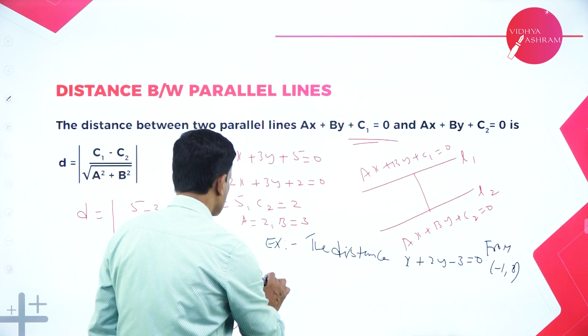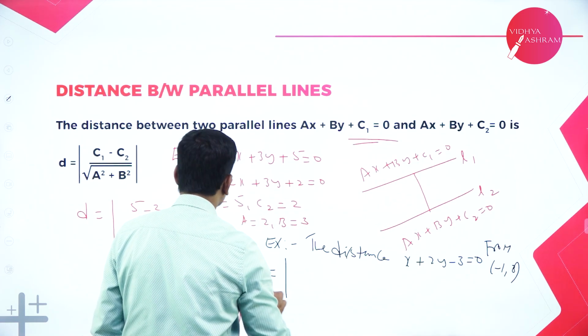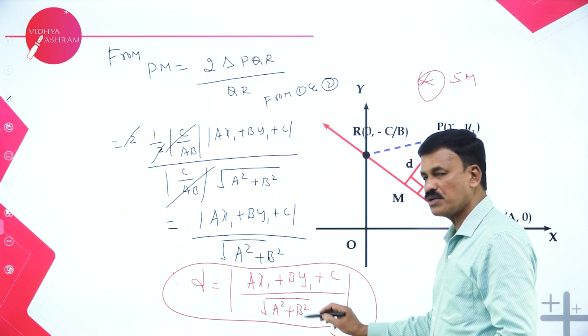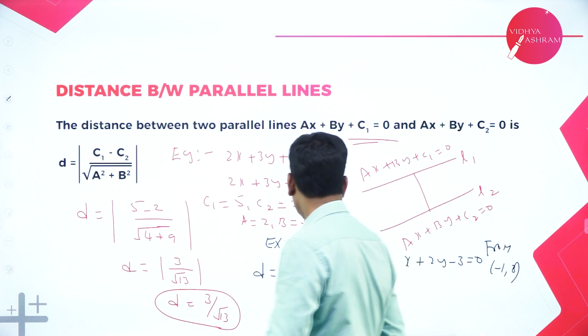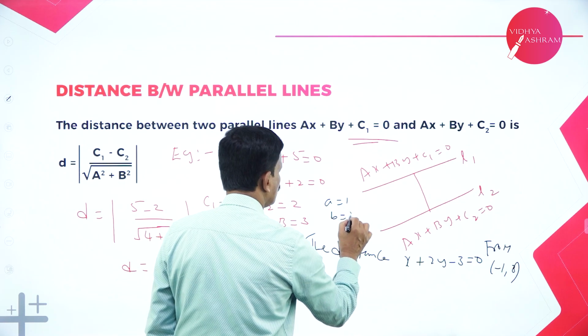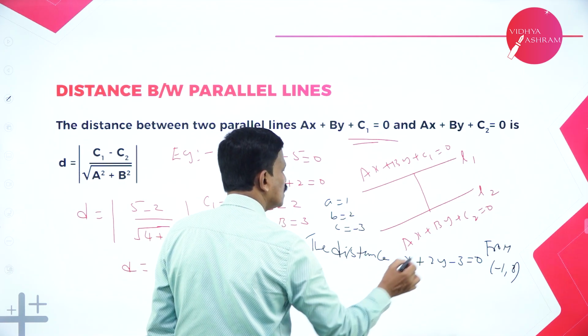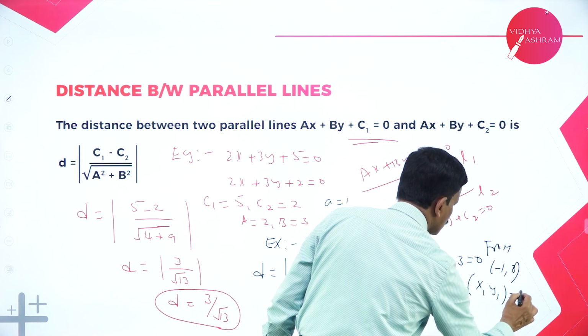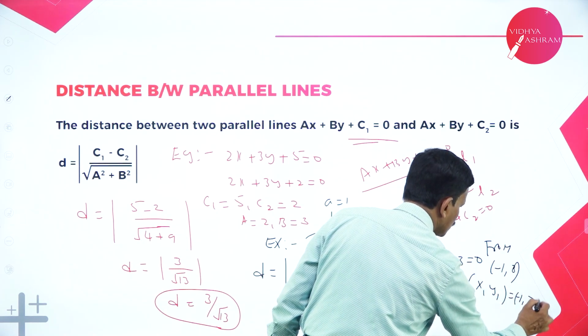So what is the formula? D is equal to mod of ax1 plus by1 plus c by root of a square plus b square. So here a is equal to 1, b is equal to 2, c is equal to minus 3. This is x1 comma y1, x1, y1 is equal to minus 1 comma 3.